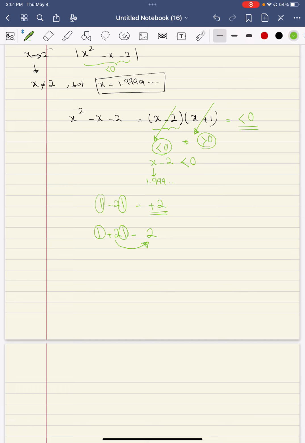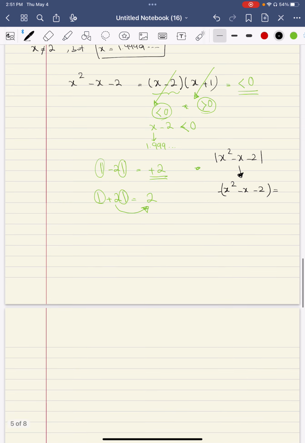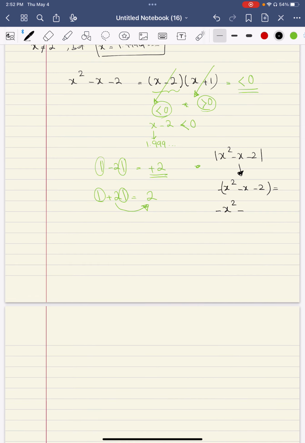So we initially had x to the power of 2 minus x minus 2 in the absolute value. We should change it to negative of this, which equals negative x to the power of 2 plus x plus 2. The negative comes here, there, and also there. So this value is what comes out of the absolute value, right?